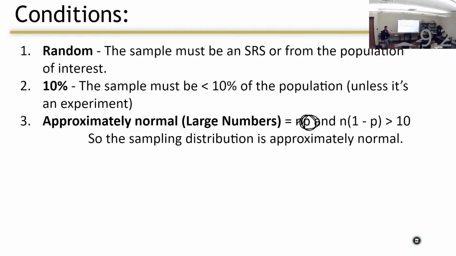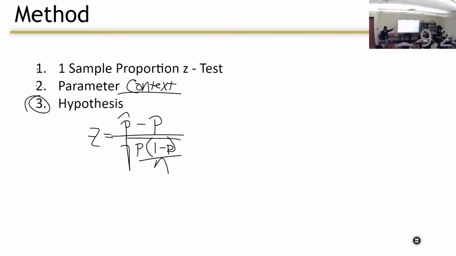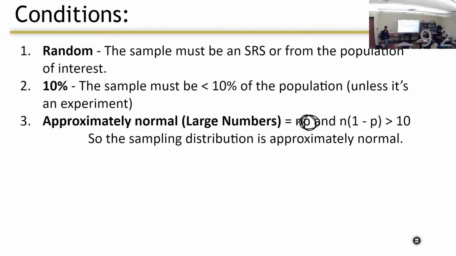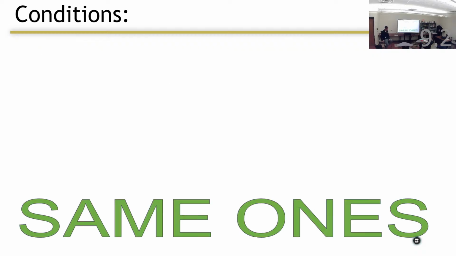We still have to have large counts, and we still have to be less than 10% of the population unless it's an experiment. And very rarely do you see experiments on one sample. Most of your experiments come from two samples. I'm not saying you don't, but it's rare. Three conditions. Three in the method. Good enough for that, okay? Same ones.